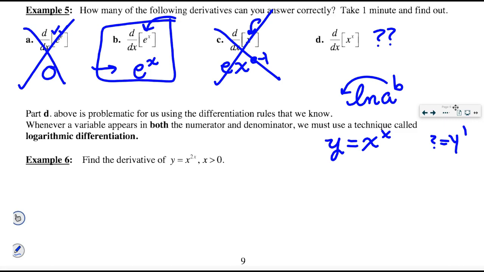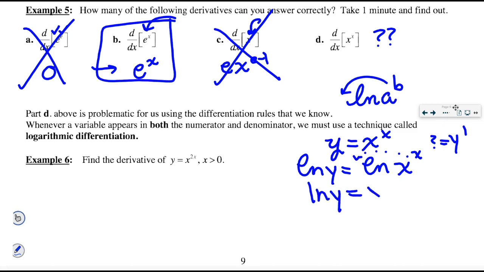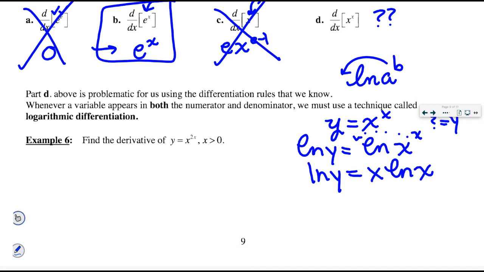So the first thing we'll do is take the natural log, this is why it's called logarithmic, of both sides. Totally legal to do the same thing to both sides of the equation. And then we'll use our property of natural logs that says the powers can come out front, and we'll now have what is a product. We know how to take the derivative of products. We use the product rule.